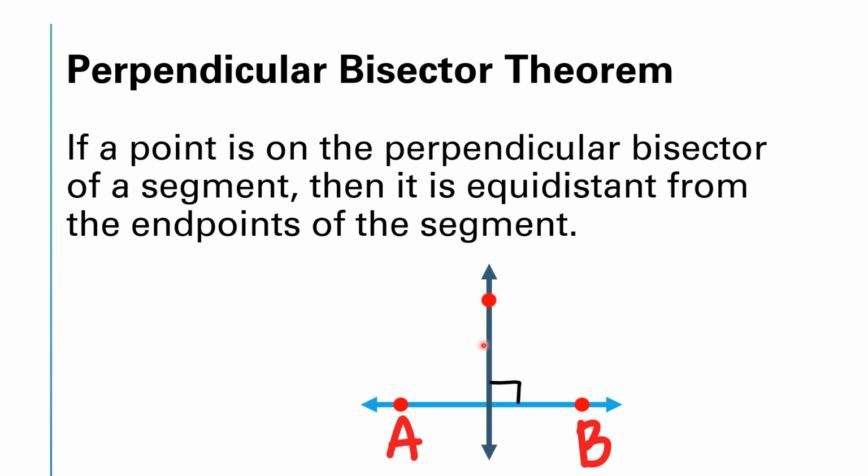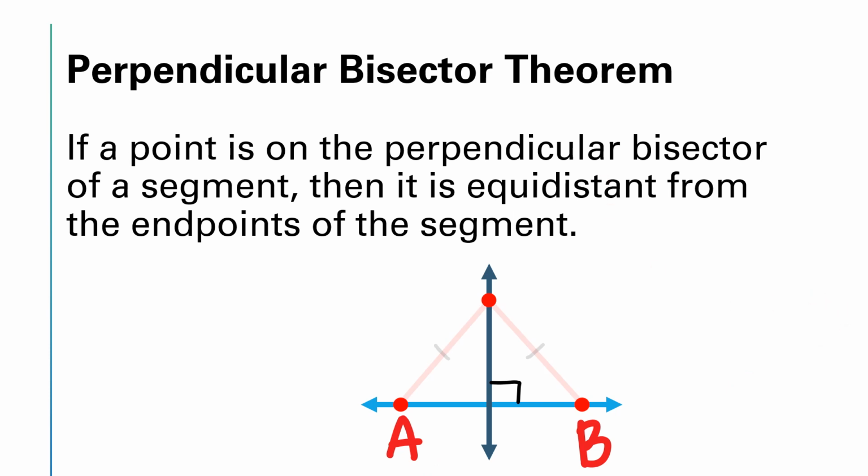You could put it here, a little lower, or even down here underneath the line segment. So this point, let's call it P, is the same distance from A as it is from B. Those two line segments are equal.